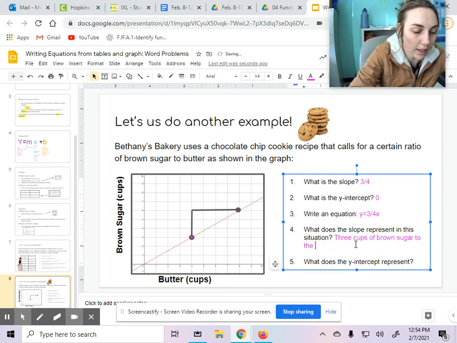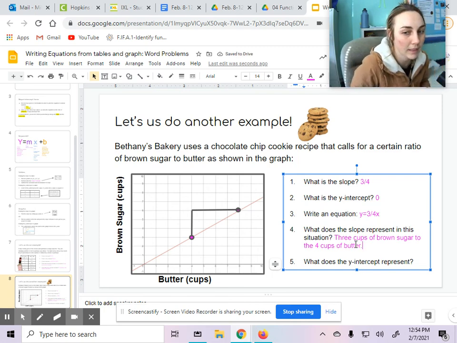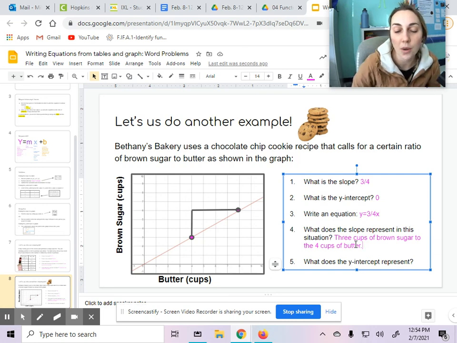Her chocolate chip cookie recipe calls for 3 cups of brown sugar to 4 cups of butter, and how many batches of cookies she makes will depend on her slope there.